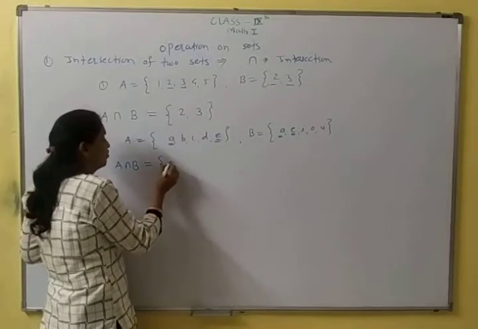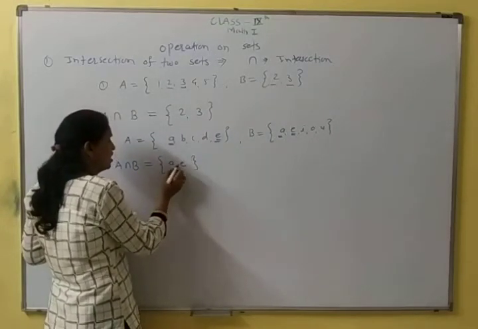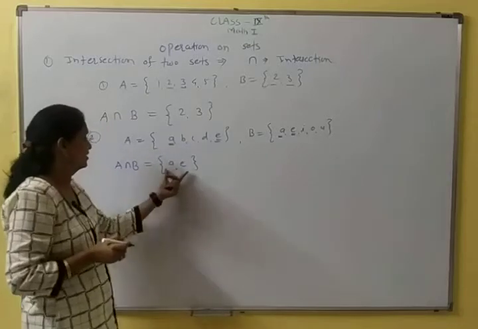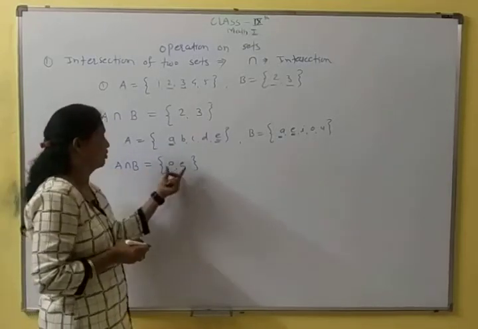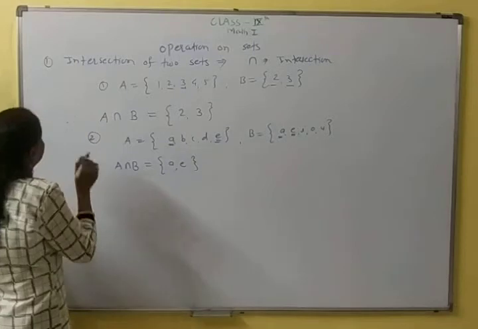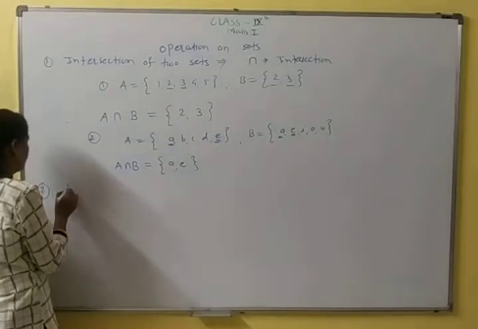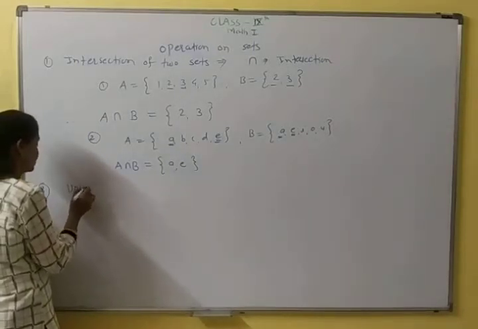Therefore A and E both are the common elements. Therefore A intersection B equal to A, E. This is the intersection of two sets.